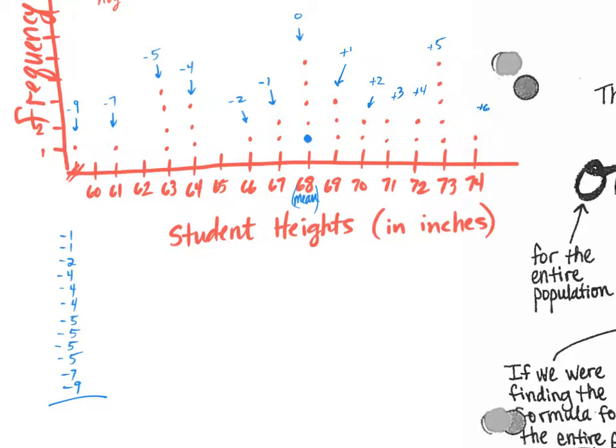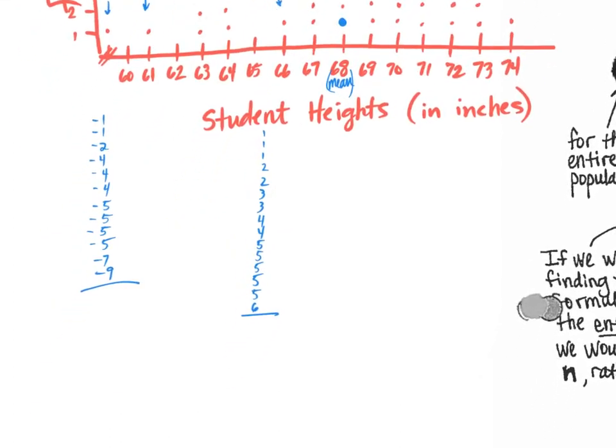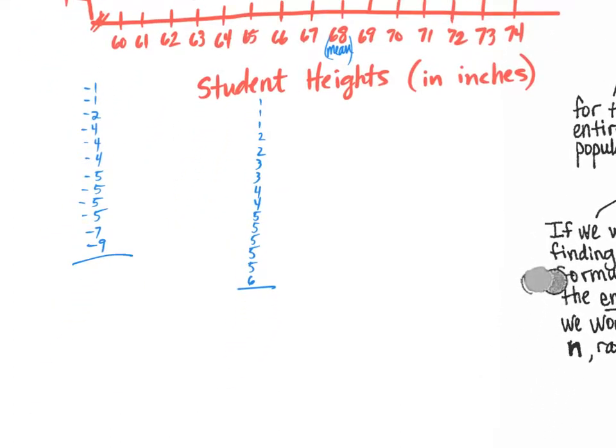Okay, so let me go ahead and get those guys going. I got 1, 1, 1, 2, 2, 3, 3, 4, 4, and then I got 5, 5, 5, 5, 5, and 6. Well, guess what? If I took this sum, in fact, did anybody sum up one of those columns?